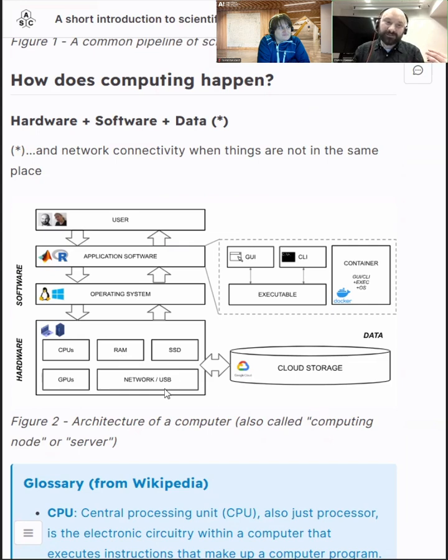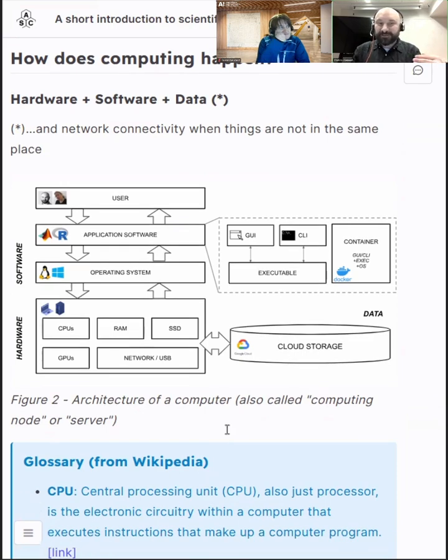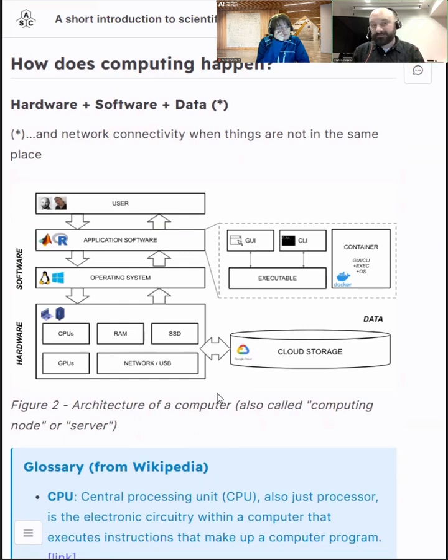SSD, and the network. So these elements, there are the definitions here, and we will not go through the definitions. Maybe this is familiar to all of you, but if you feel that you don't know what all these elements are, then you might be missing out in the moment when you request some computing resources from an HPC cluster. You are going to be asked, do you need CPUs? How many do you need? How much RAM do you need? Do you need GPUs?